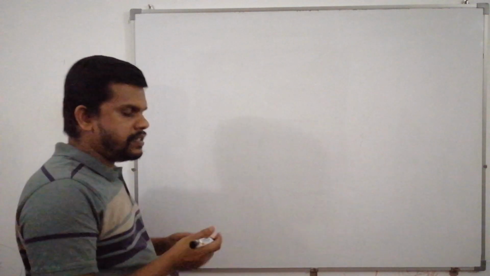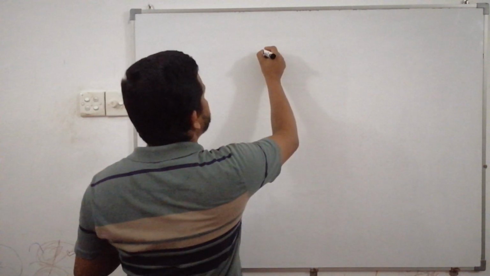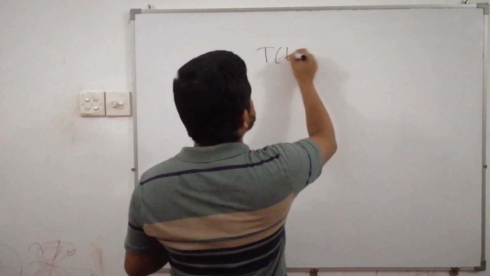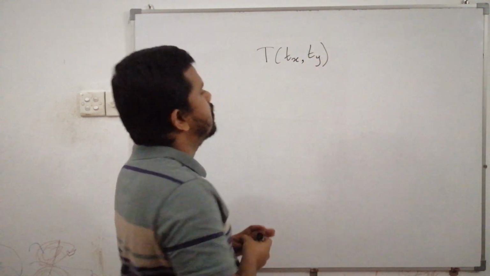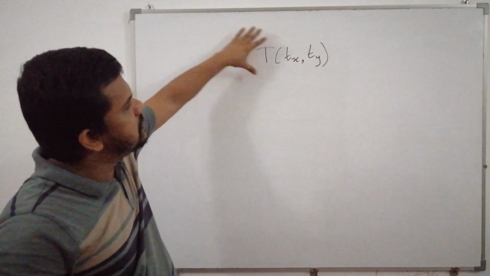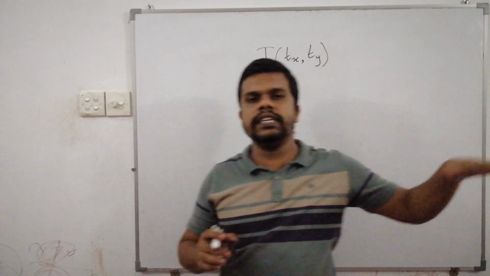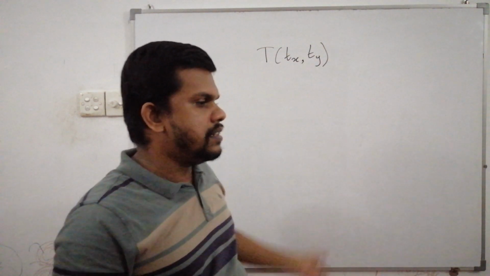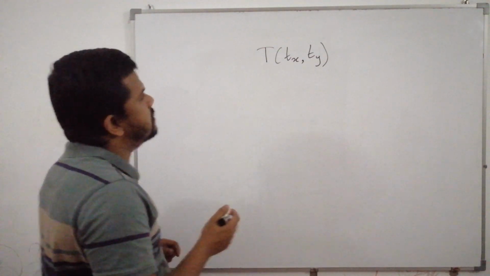We were discussing two-dimensional geometric transformations. First, we discussed translation, and the translation matrix is this one. We use this notation: tx means the amount along the positive direction of the x-axis, and dy means the amount along the positive direction of the y-axis.